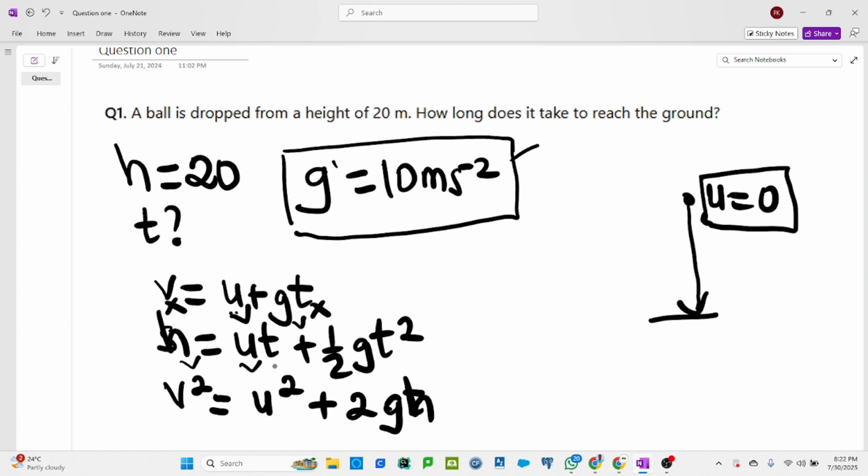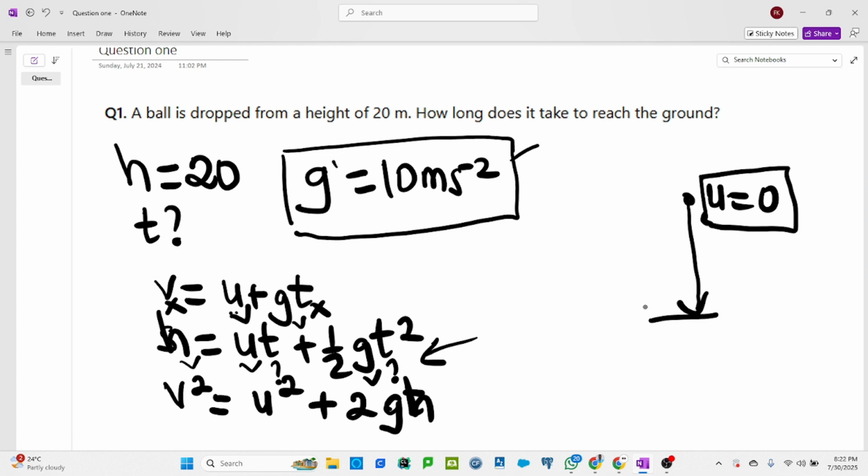We know U, we know G, so T is the only parameter that is missing. Right? So can we select this equation? Yes. Okay, so put in the values and tell me what you get.